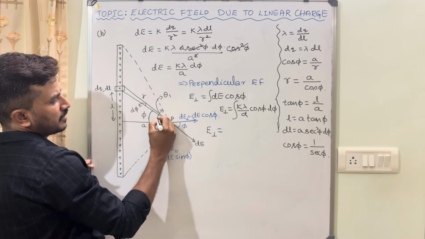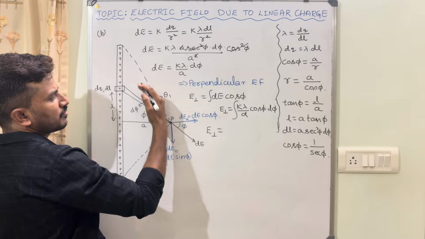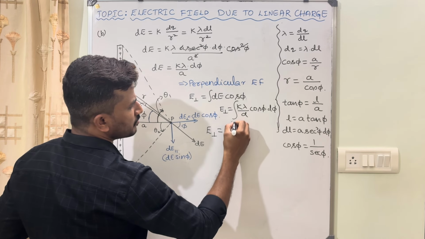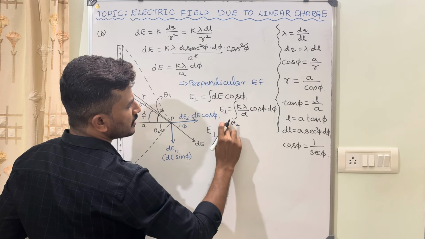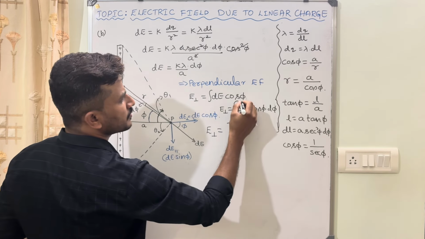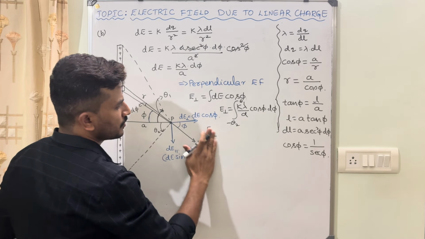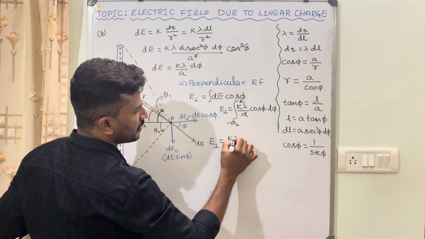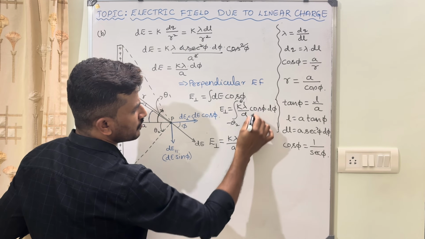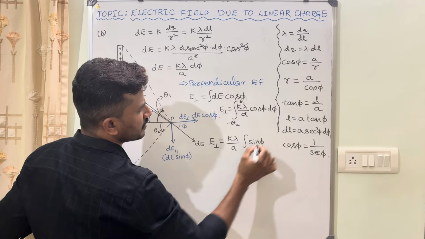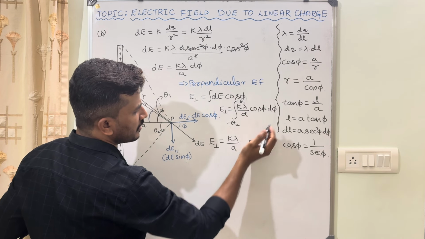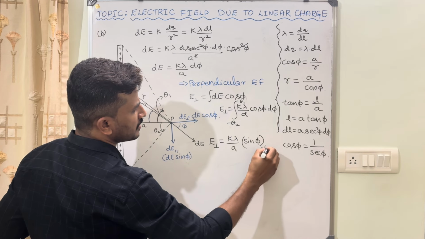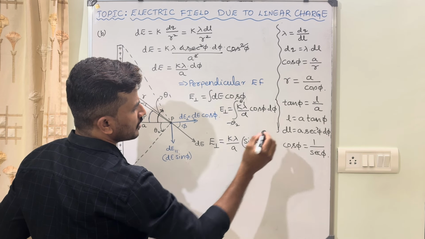Now what are the limits for phi? This side theta 1, phi is varying till theta 1. This side theta 2, anti-clockwise, I will take it as minus theta 2. So minus theta 2 to plus theta 1. So E perpendicular is equal to K lambda by A, integration of cos phi is sin phi, between the limits minus theta 2 to theta 1.